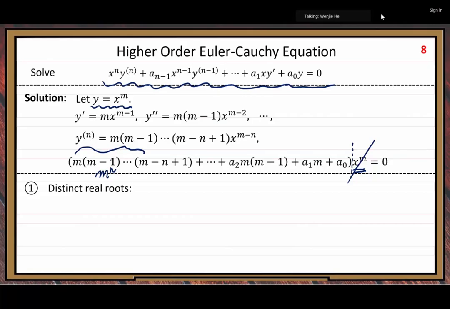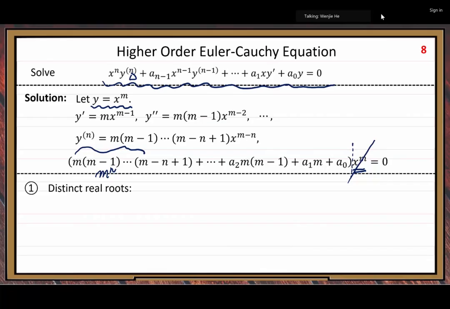Polynomial corresponds to the highest order derivative, the nth order derivative. Our algebraic equation uses degree n. So here, when you choose order or degree, you should be very careful. Last time I talked about that.